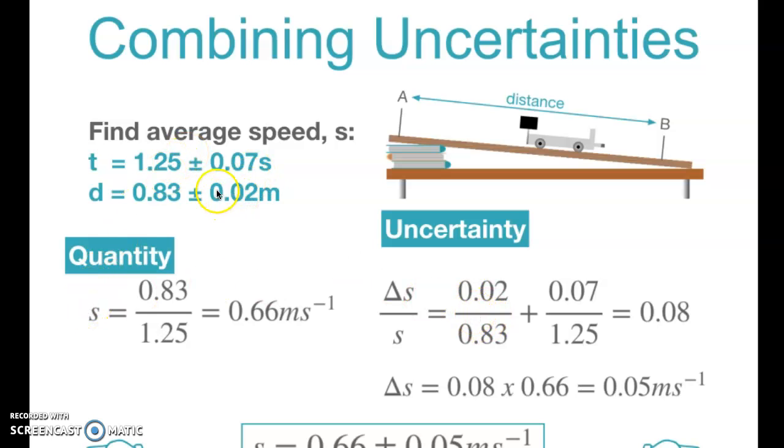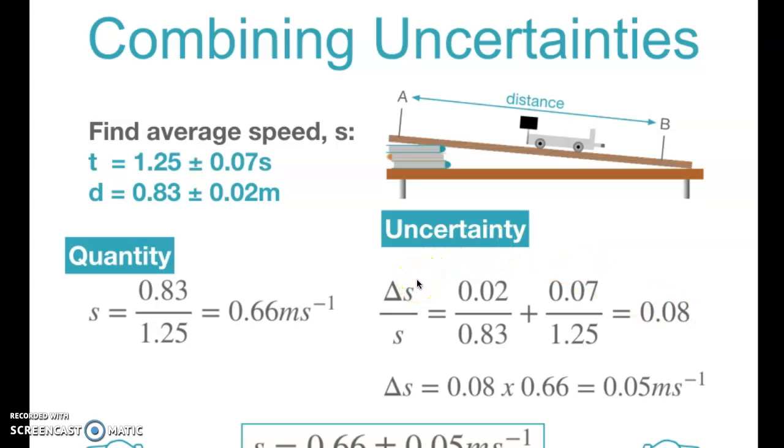And here we can see 0.02, which is the absolute uncertainty, over the measure 0.83. That gives us the fractional uncertainty in D, plus 0.07 over 1.25. That gives us the fractional uncertainty in T. We add them up to give us 0.08. So that is now the fractional uncertainty in S.